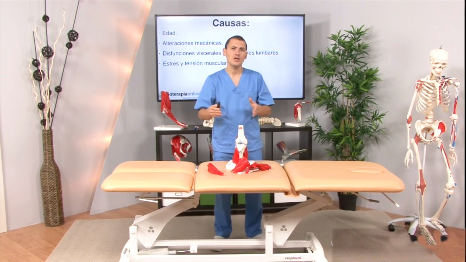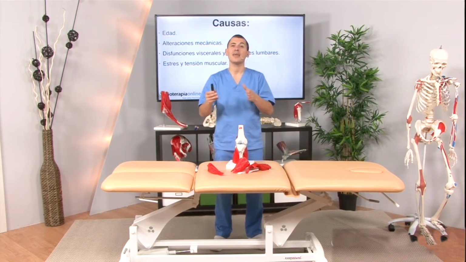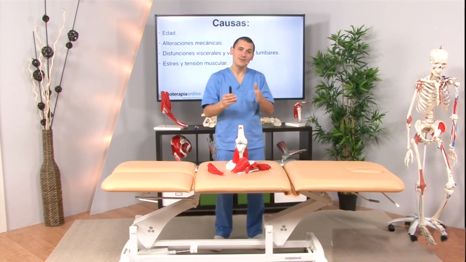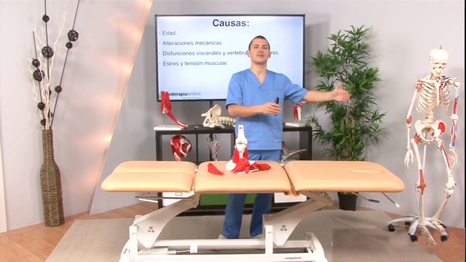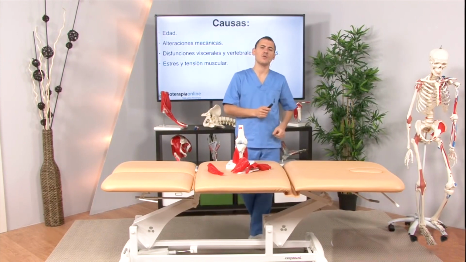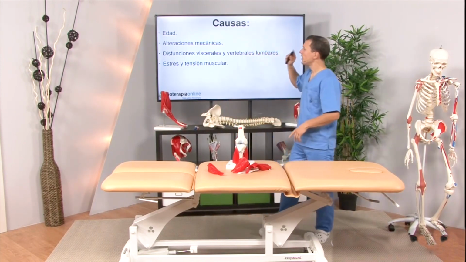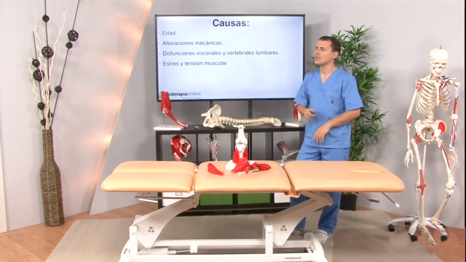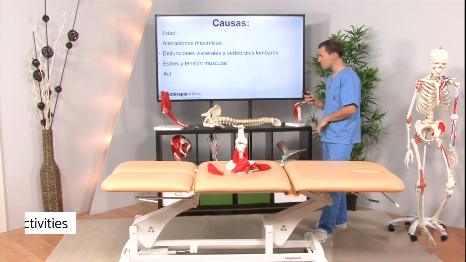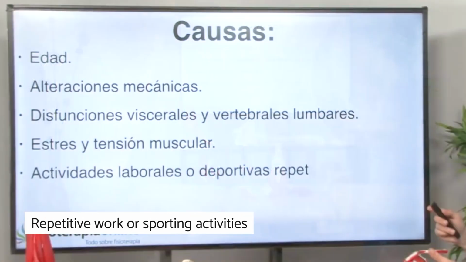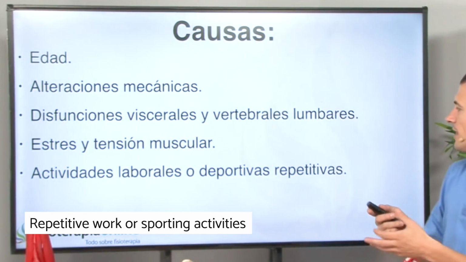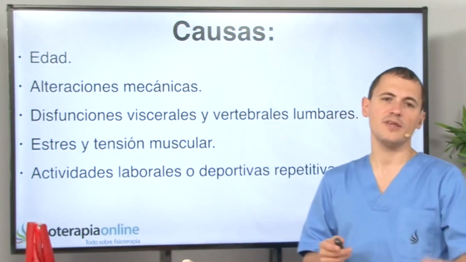Well, besides that, I always put repetitive work and sports activities as not a fundamental cause. Although everyone wants to blame their work or sports activity. It's not that I did anything, it's just the way I am, and the way I do things. That's why it's worn out. Well, that doesn't help.